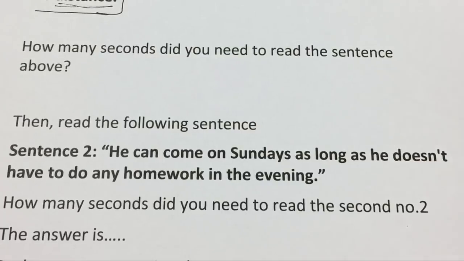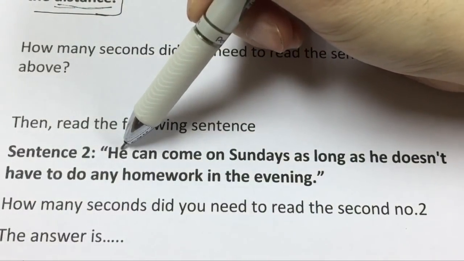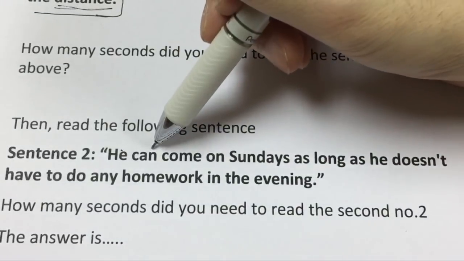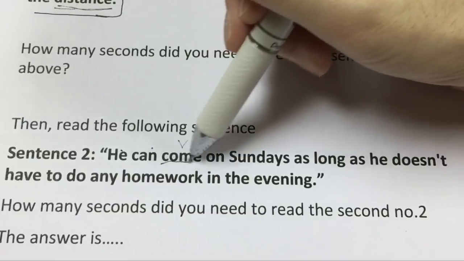Why? So let's check. We're going to stress what? Nouns. What else? Verbs, adjectives, and what's the last one? Adverbs. Okay, so let's check. He is a pronoun, so we don't stress it. Can, do we need it? No. Come is a verb. Yes, we need this one.